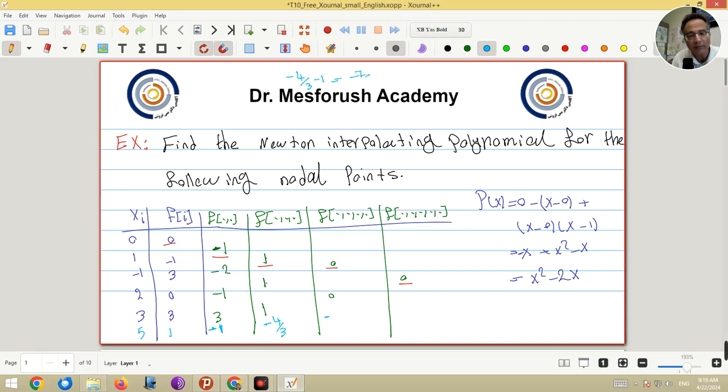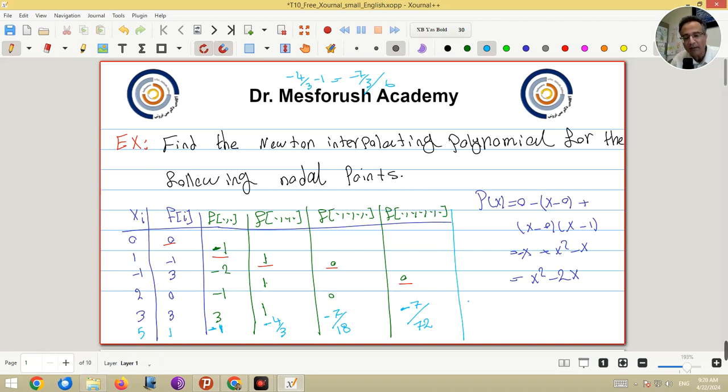It will be minus 7 over 3 over 5 minus 1, it will be 6. So it will be minus 7 over 18. And from these two, I get minus 7 over 18 over 5 minus 1, 4 in fact. It will be minus 7 over 72.